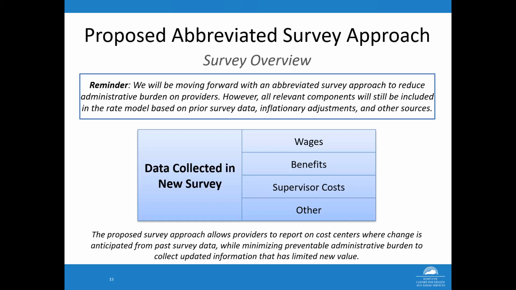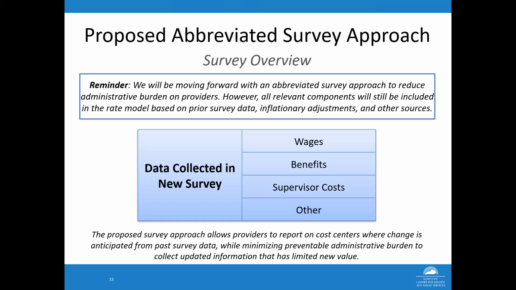All right, so again, we did cover this last time, but this just talks about the abbreviated approach. And this abbreviated approach is just the approach for the survey. So we are still taking into account all of the cost components that we talked about earlier.